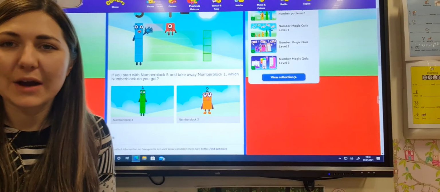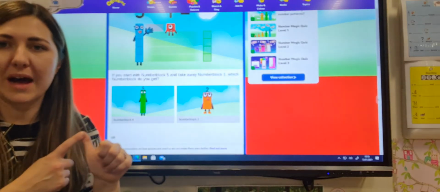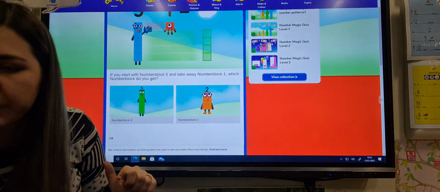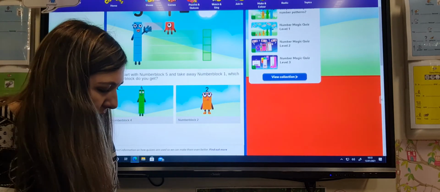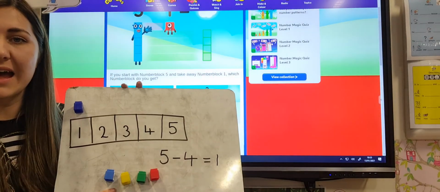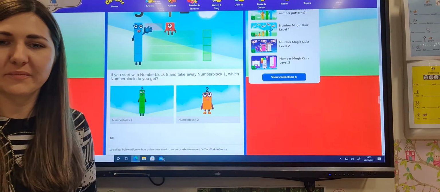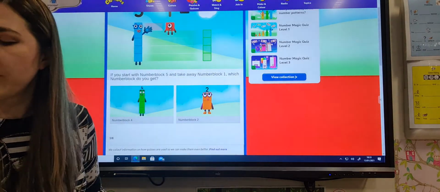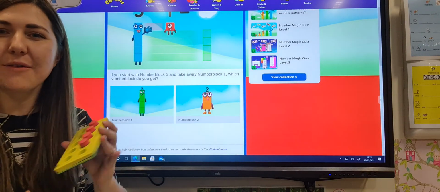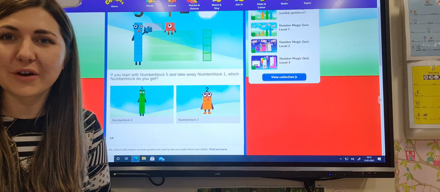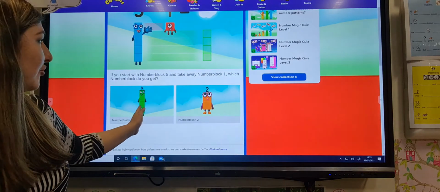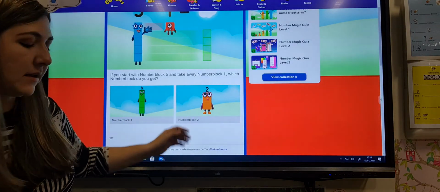When you're working it out, you could use your part whole model. You could use your number line and counters, or you could use the tens frame that you have drawn. When you've worked out the correct answer, you have to choose the option at the bottom.